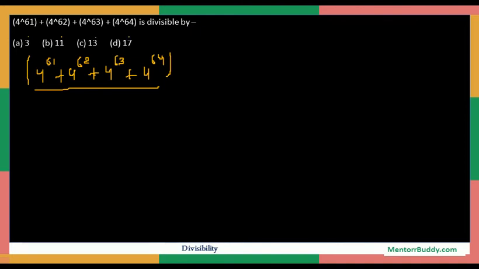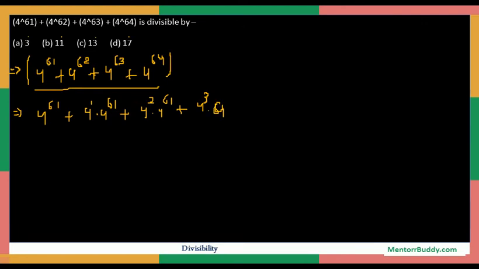Okay, now in order to deal with this question, I'm going to simplify it a bit. So I'm writing this as 4 to the power 61 plus 4 to the power 1 dot 4 to the power 61 plus 4 to the power 2 dot 4 to the power 61 plus 4 to the power 3 dot 4 to the power 61.